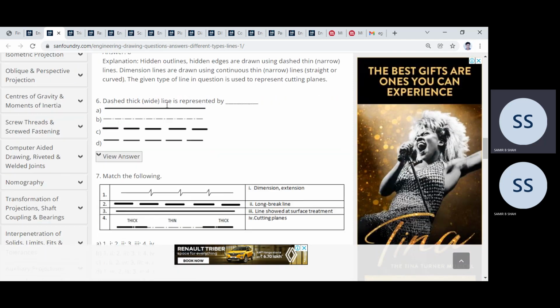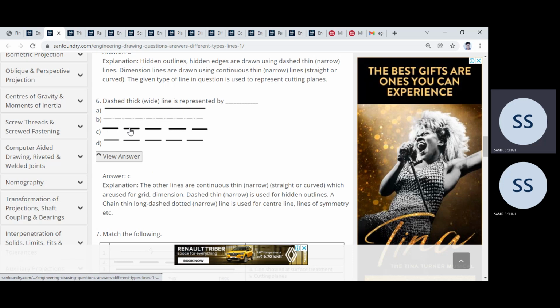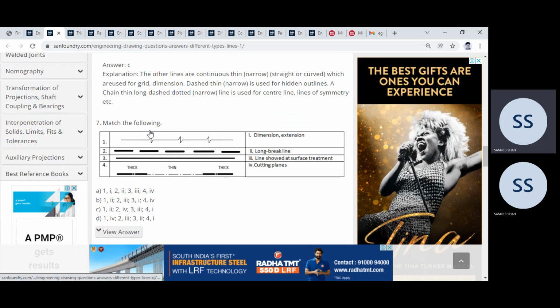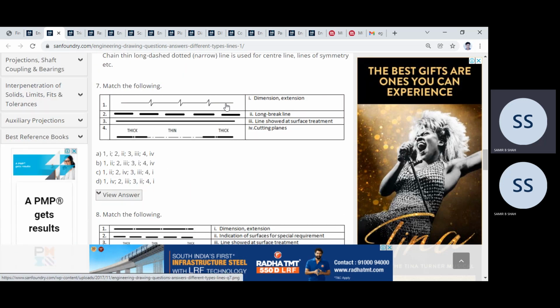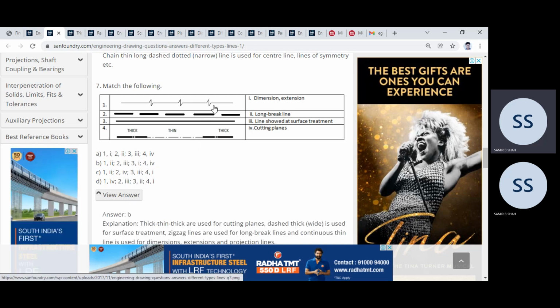Now, next question: the dash thick, or wide, line is represented by which line? You can see here that dash and thick wide lines are represented by point C. You can see here which line is correlated with which one. The first line, as already discussed, is known as a long break line.